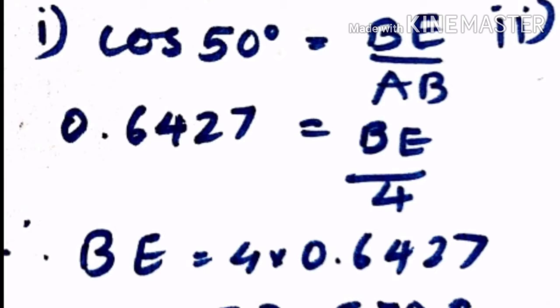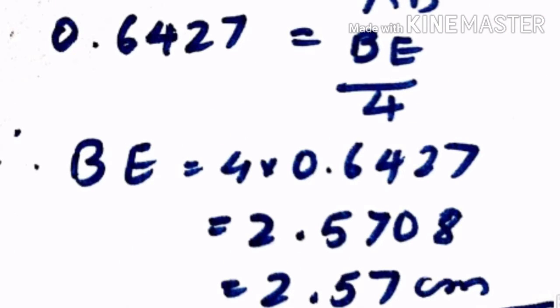Now BE is equal to 4 multiplied by 0.6427. So after the multiplication the value is 2.5708, which you can write up to 2 decimal places as 2.57 centimeters. This is our BE value, which is the first value they ask us to find.